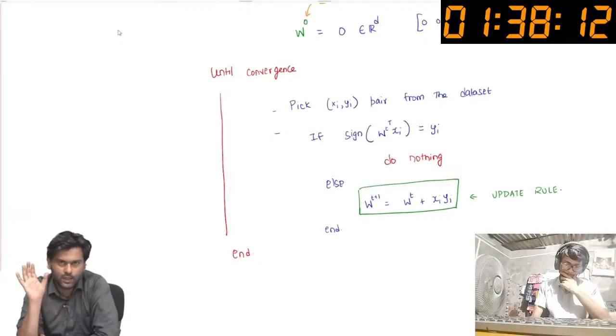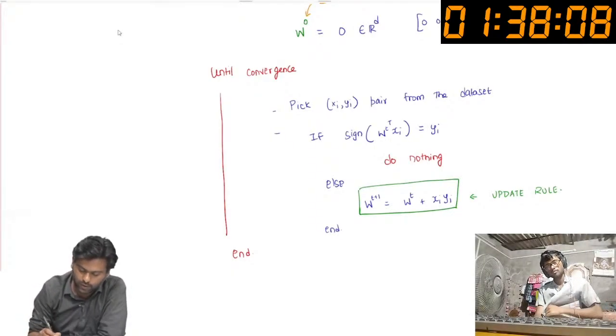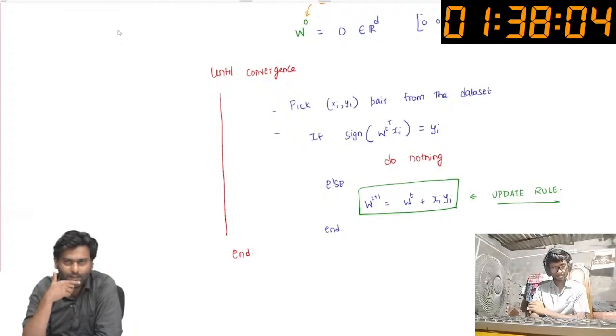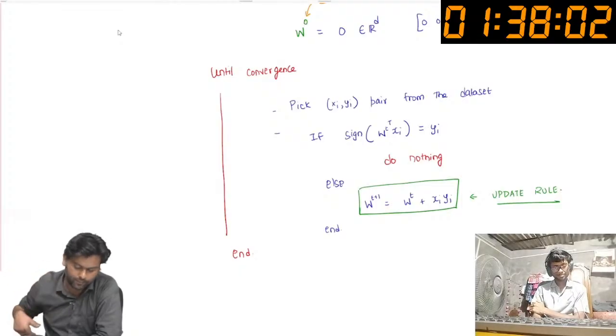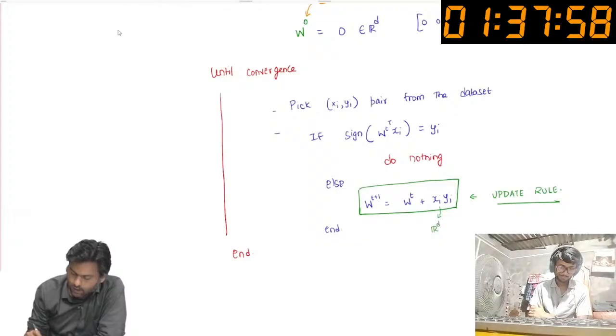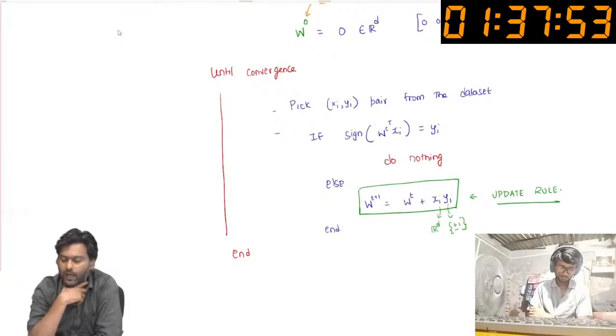So, if there is such a point, then you update your W based on that point, right. So, using this update rule, which is Wt plus 1 is Wt plus xi yi. Now, remember, xi is in Rd, yi is plus or minus 1, depending on whether that point was labeled plus 1 or minus 1 in my data set.